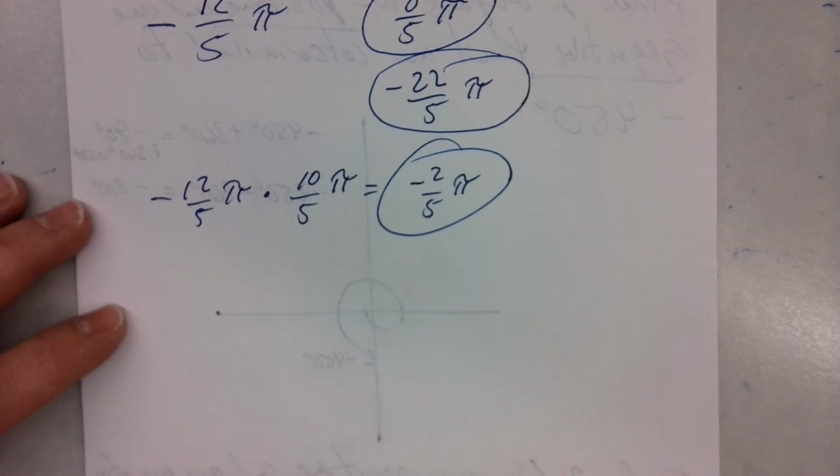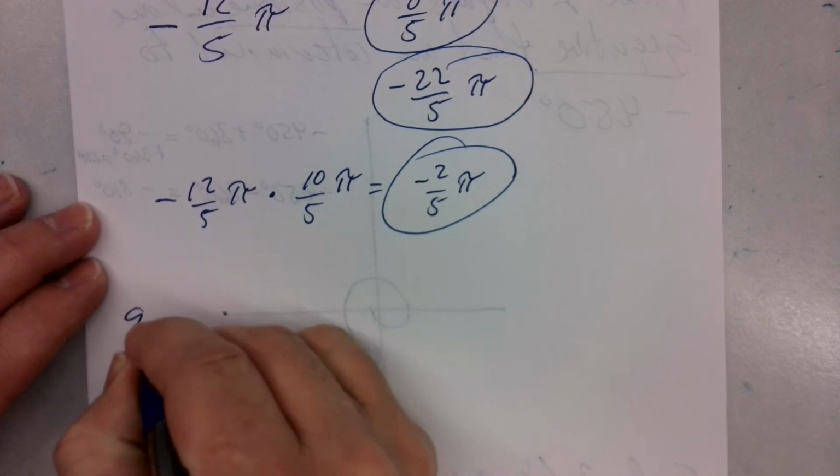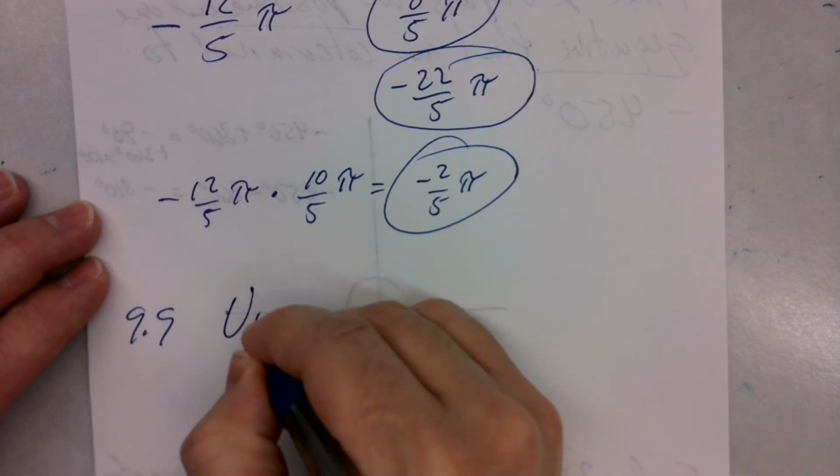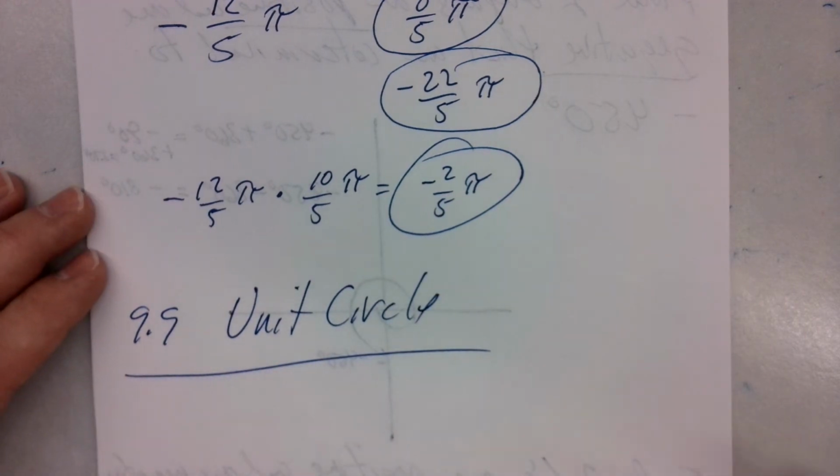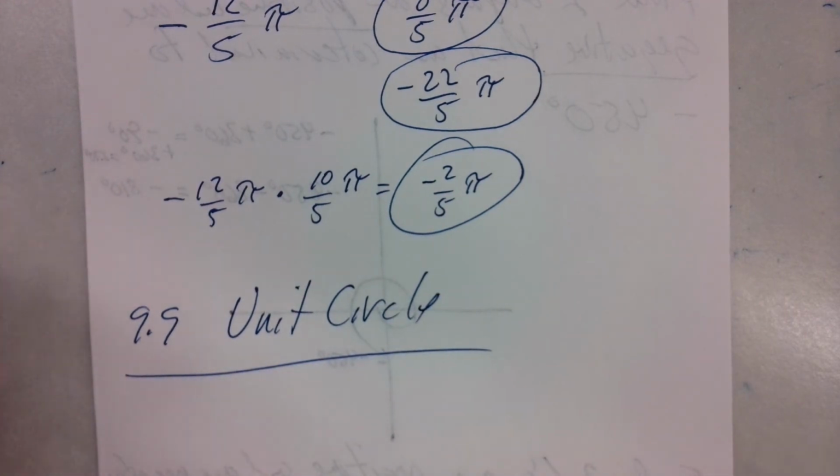Alrighty, now we're going to go on to 9-9, and this is more unit circle stuff. Now listen, this is really, really easy, assuming you have your unit circle still, because everything you're going to do is going to be based upon those values.